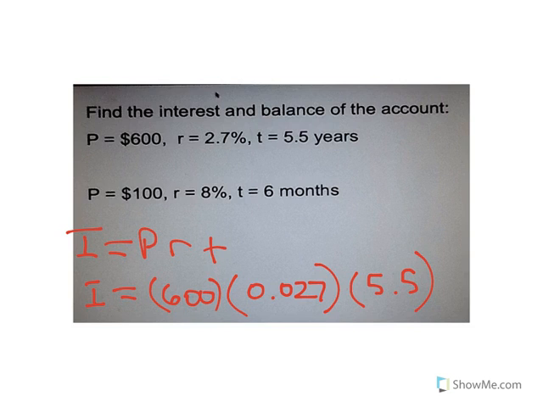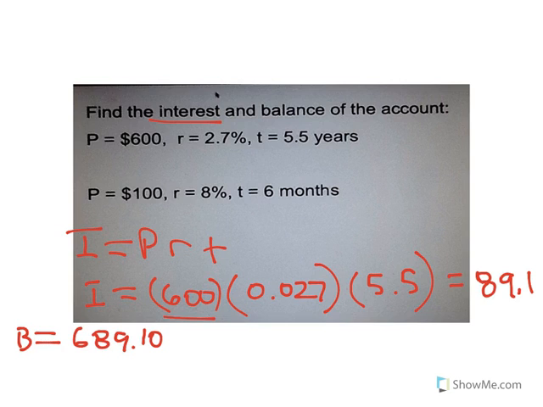And that's going to give me my simple interest, which is equal to $89.10. Now it says here find the interest and the balance of the account. To figure out the balance, I just have to add it to the original amount. So the account balance, I'll write that down as B, is going to be $689.10, because that's just adding to the original amount again.